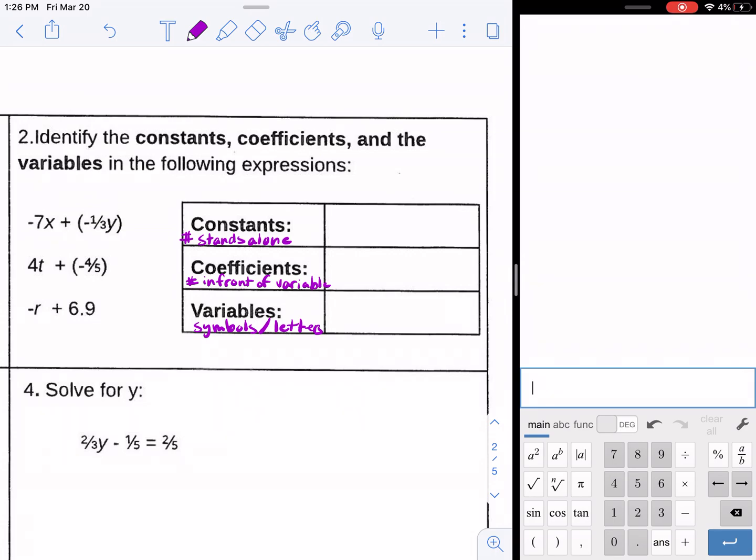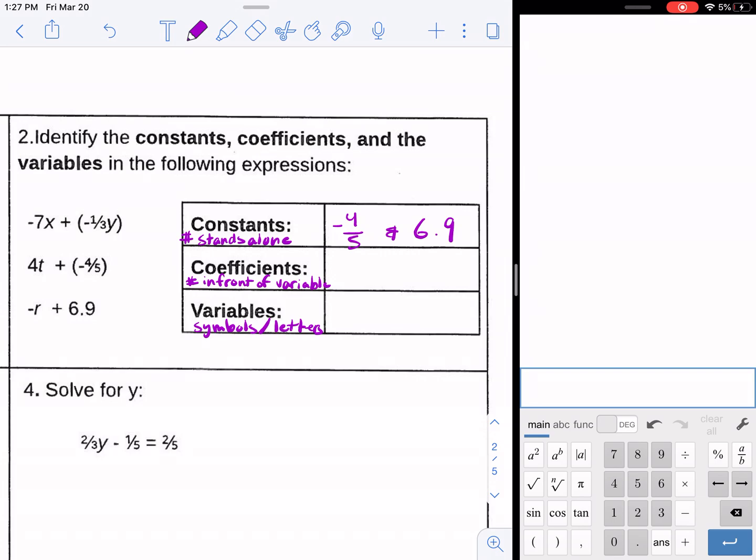The constants, I'm looking for numbers that stand alone. So no, no, no, no. Looks like I have two constants because these are the numbers that stand alone. So we got -4/5 and 6.9. Those are the ones that stand alone.